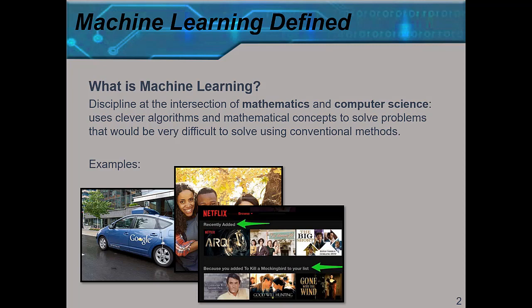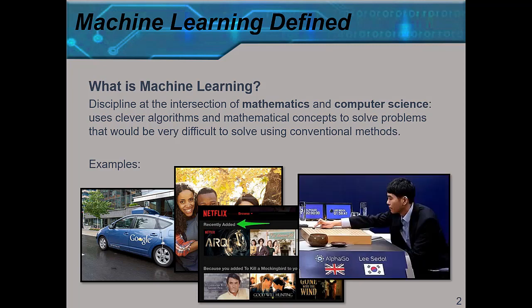A lot of science fiction, post-apocalyptic zombies, things like that in my list. But being able to learn what a user enjoys, what their tastes are in movies and music and their buying items, all of that is machine learning. And it learns your preferences and makes really good suggestions most of the time.